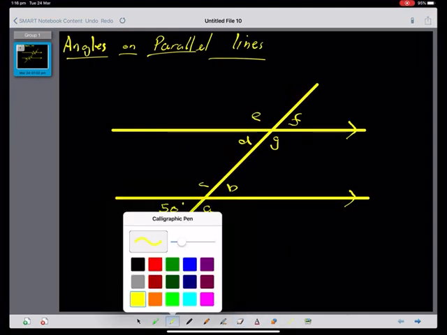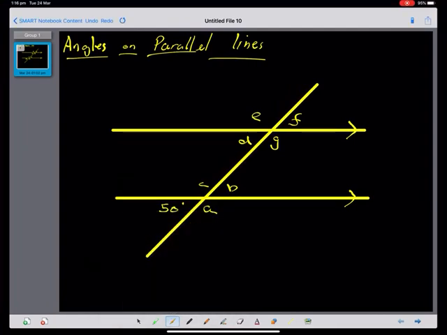I'm going to write my solutions in orange. So we can say that D is equal to 50 by corresponding angles. I'm just going to abbreviate this. We can say that B is equal to 50 by alternate.